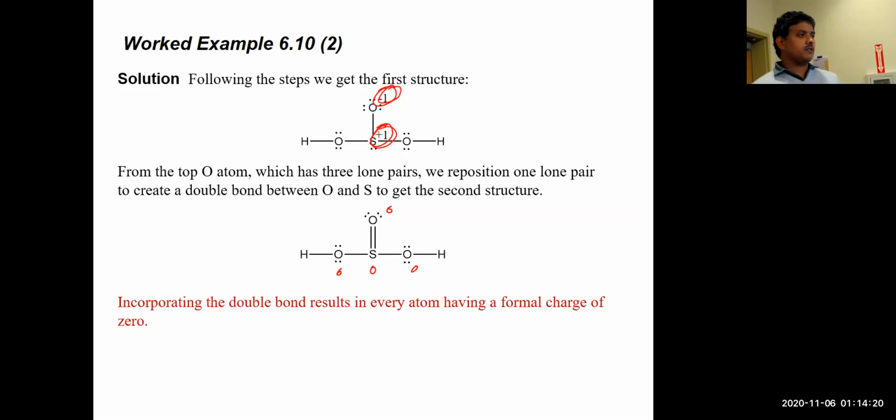I guess the question could be asked much more clearly. So this is the least favored structure because it has charges, and this is the most favored structure because it has neutral charges. When you draw Lewis structures, you should draw the Lewis structure that has the least formal charges.